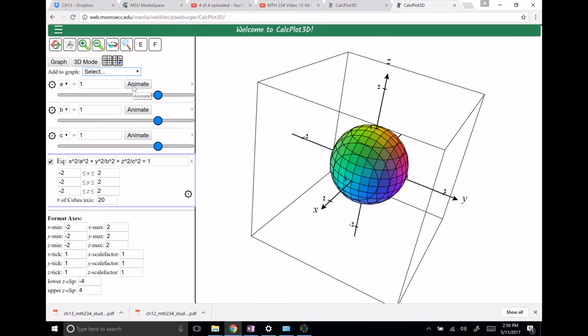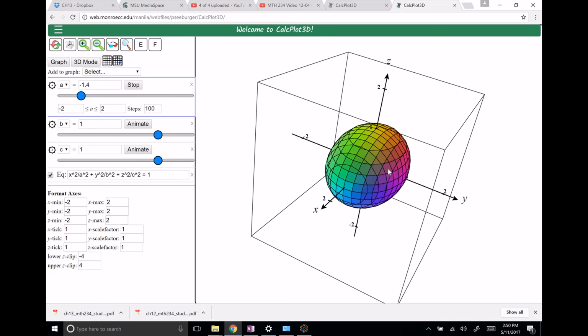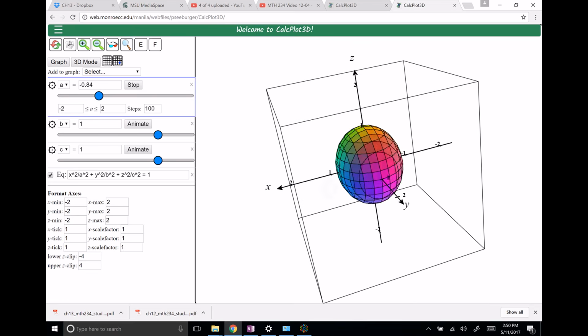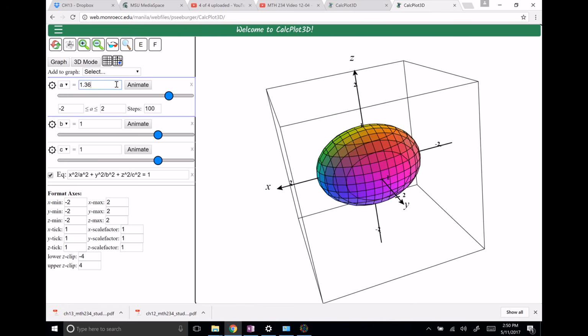So let me go ahead and change the a's. I'm going to hit animate here. You can see as you change the a's, in the x direction, how much this is stretched in or out changes. As a gets bigger, you can see the ellipsoid expands. Let's stop this and reset it to 1.